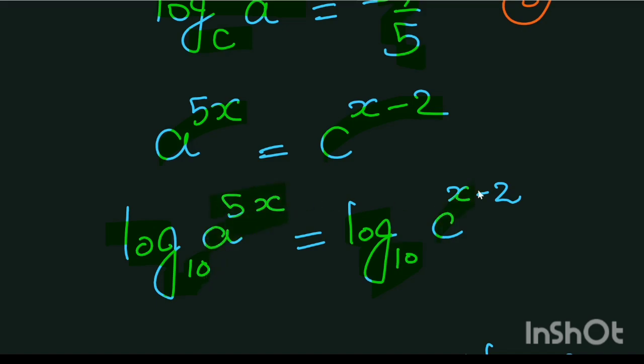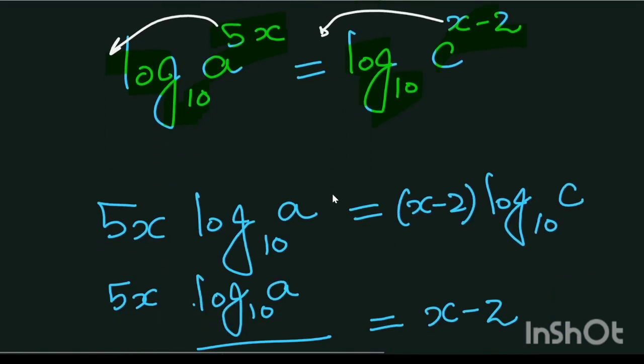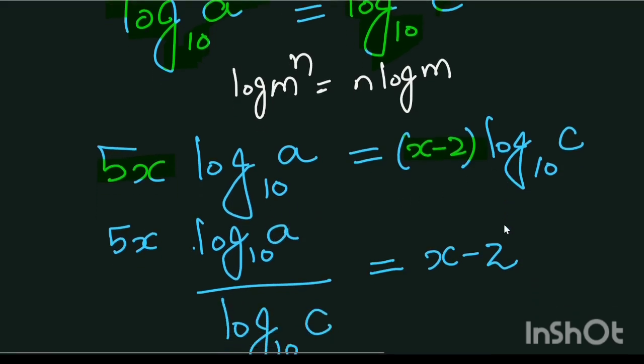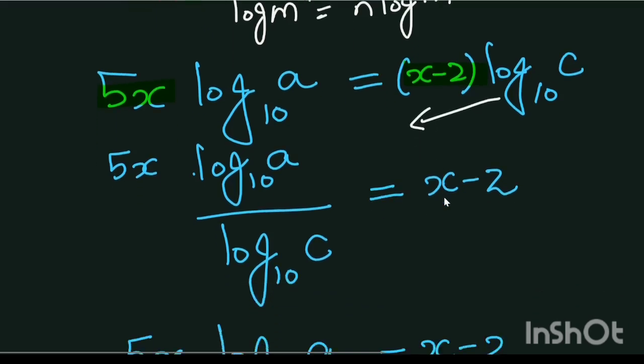So taking log both sides, 5x will go down, x minus 2 will go down from the property log m to the power n is n log m. So 5x comes in multiplication, x minus 2 comes in multiplication. Now we will take this on the left hand side in the denominator.